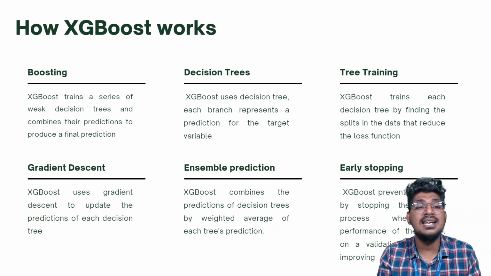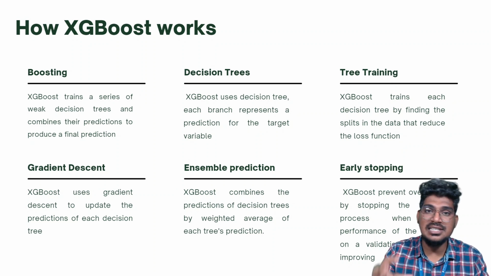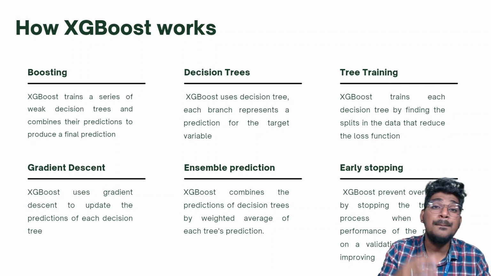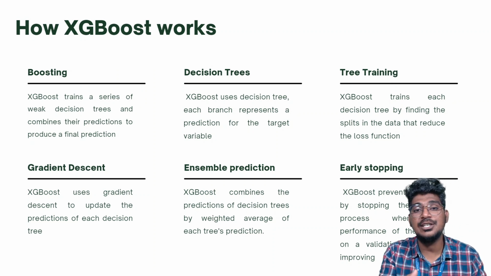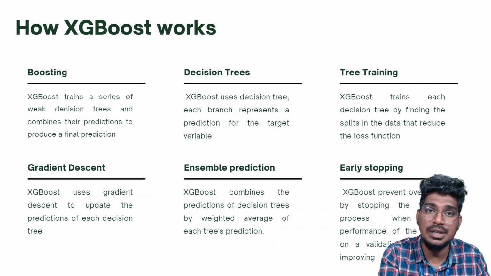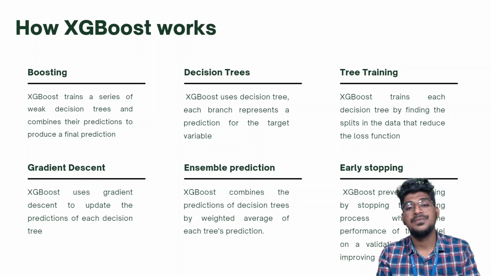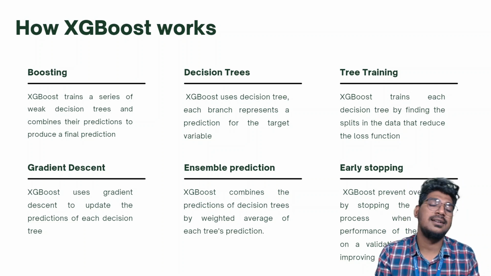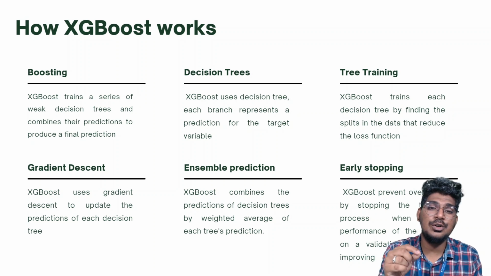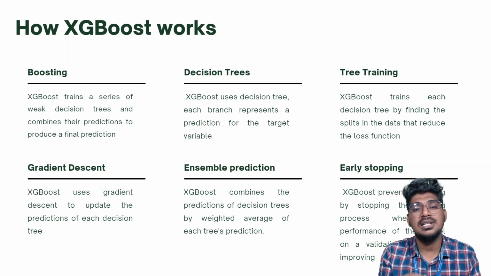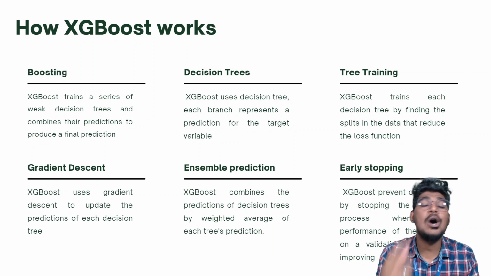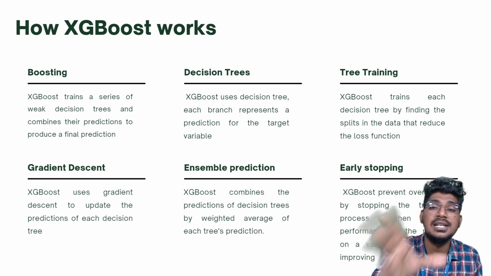Once the weak decision trees combine their prediction values, each decision tree gives one particular result, which helps produce the final prediction. So what do the decision trees do? XGBoost uses decision trees where each branch represents a prediction for the target variable. So each decision tree gives one particular result.